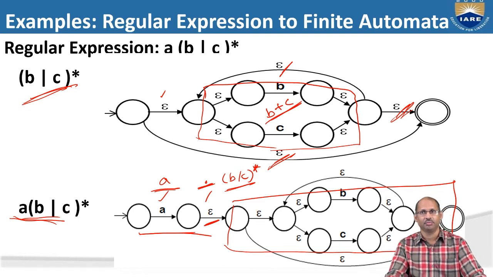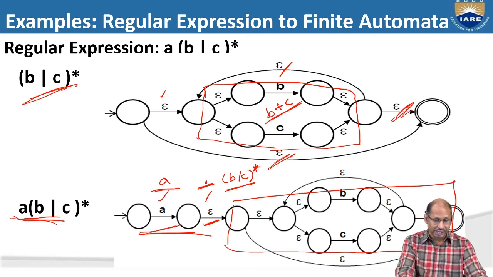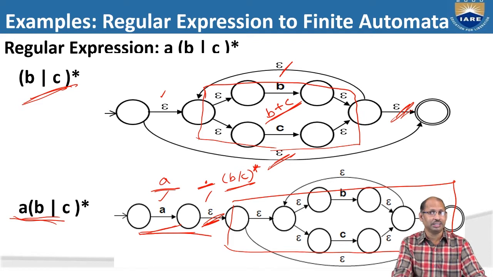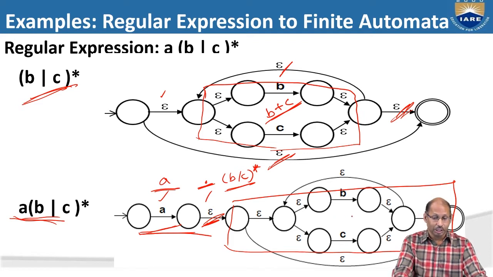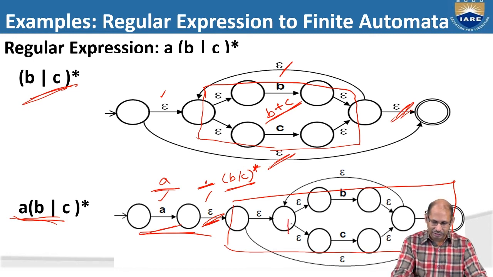Is it clear? Finally, we are getting the finite automata A concatenation, that is epsilon, with B union C closure. Here, this one gives this part.